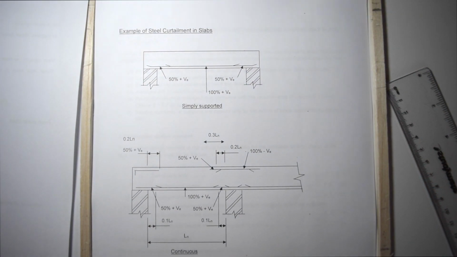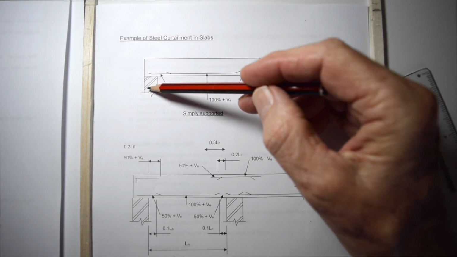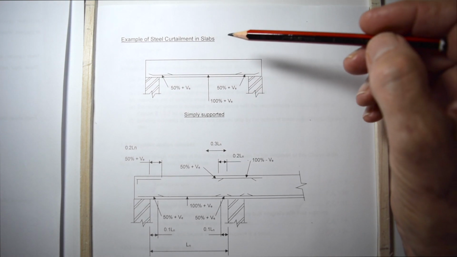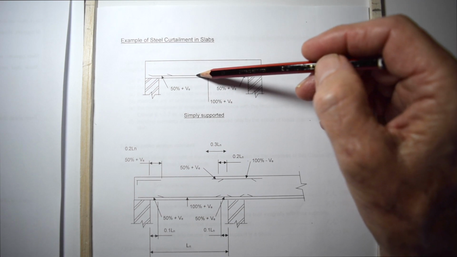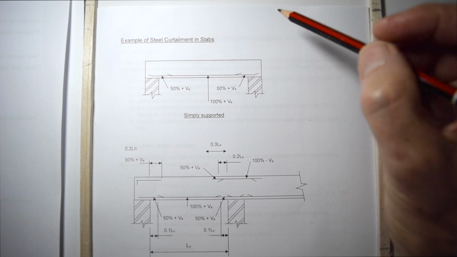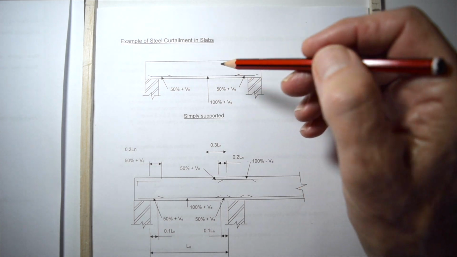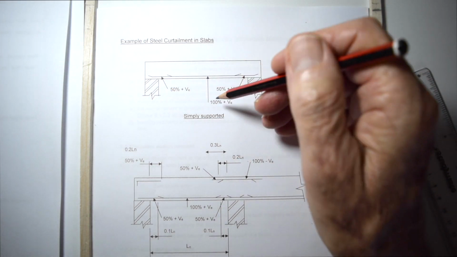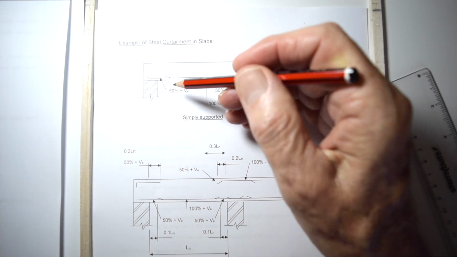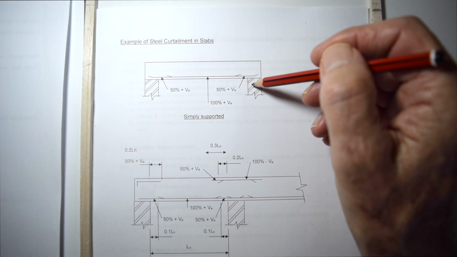Here are a couple of examples of the curtailment of steel reinforcement. On a simply supported slab, single span, as we've just done, the code says that in the center area you have to have the full area of steel, but you can actually stop some of the bars off at 0.2 of the clear distance between the supports before you get there, in the name of economy, because the bending moment is virtually nothing when you approach the support.